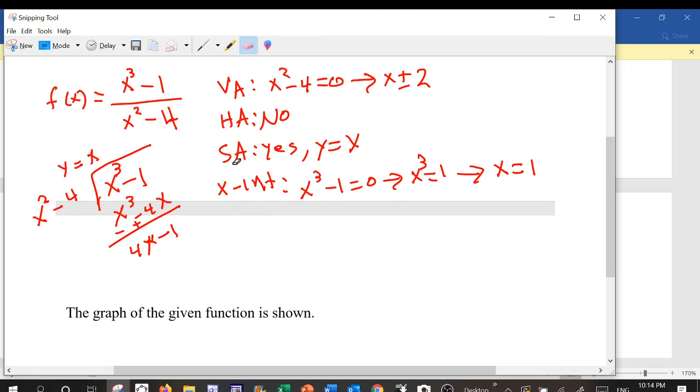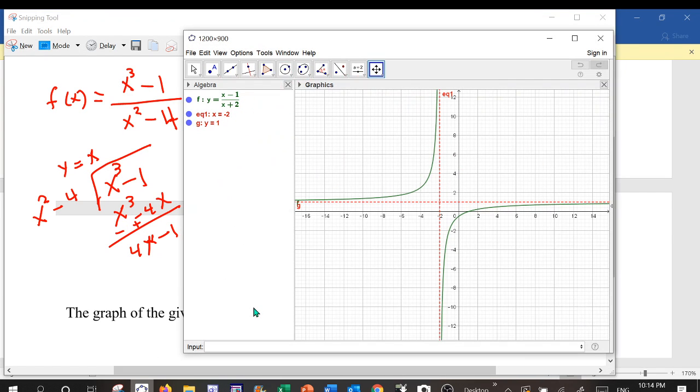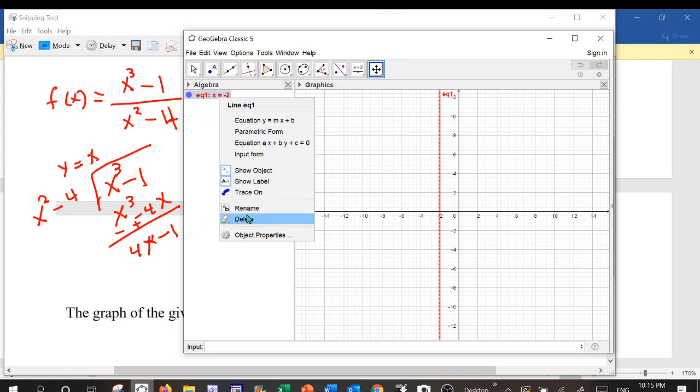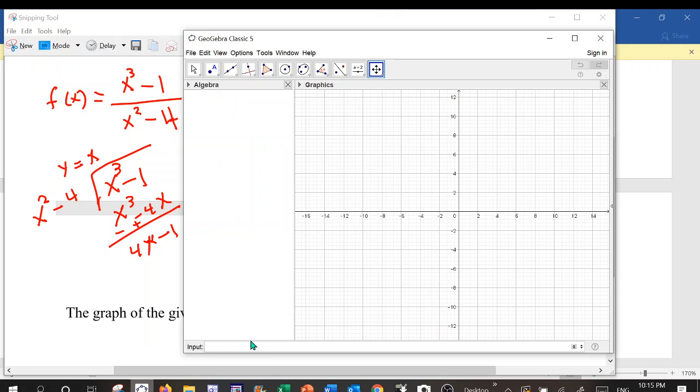And now we can look at the graphs. Delete that one, and delete that one as well. So I'm going to graph it like that. So let's see, y equals x to the third minus 1, and then divided by x squared minus 4.